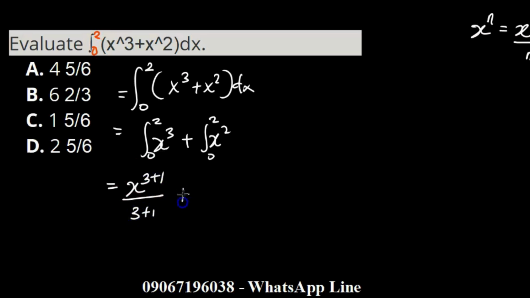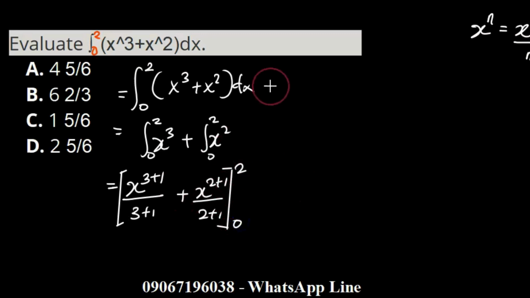Then here we have plus x^(2+1) divided by 2+1. Remember, we're solving this within the boundary region of 2 and 0, so between the bounds of 2 and 0.